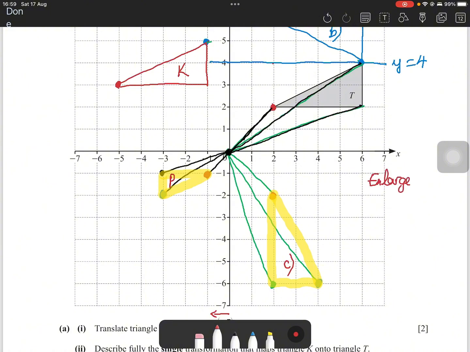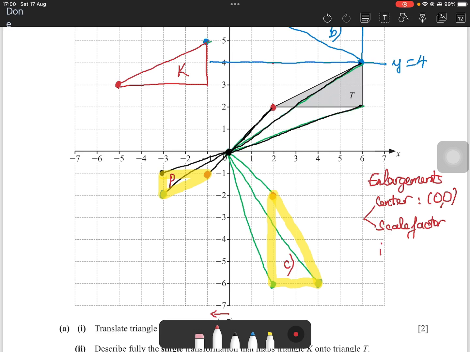And to describe the enlargement, you need the center. And you also need the scale factor. In this case, the center is still (0, 0), the origin. And the scale factor in this case, T is the image and P is the original shape.